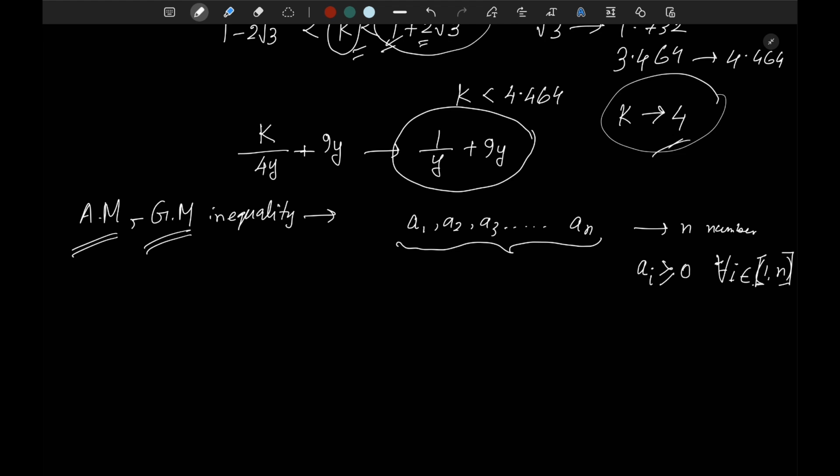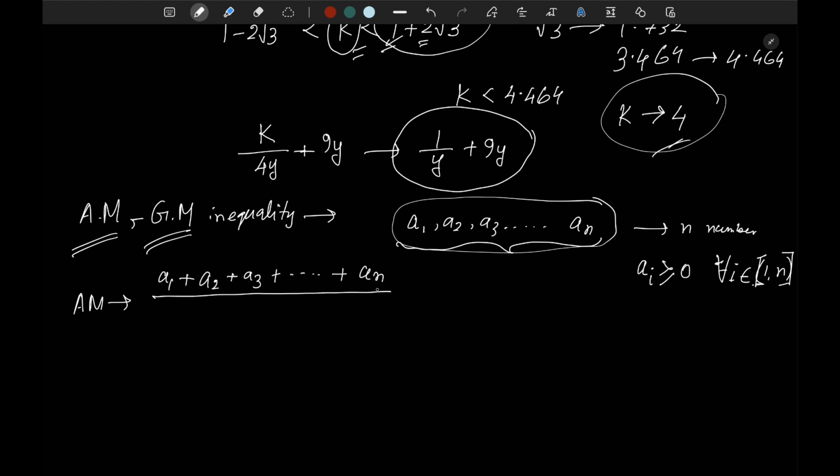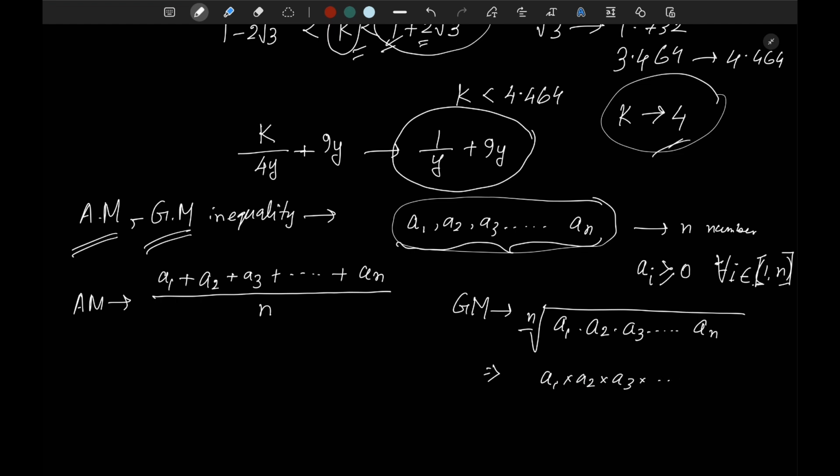So the arithmetic mean of all these numbers is given by a1 plus a2 plus a3 plus dot dot dot plus an divided by the total number of numbers, and the geometric mean is given by the nth root of the multiplication a1 a2 a3 dot dot dot an, or a1 into a2 into a3 into dot dot dot into an to the power 1 by n.